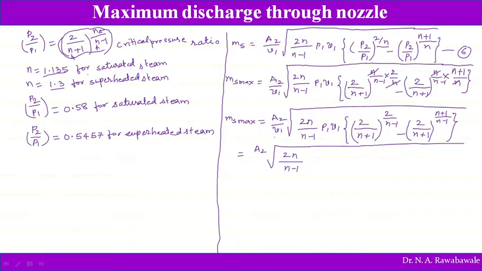If V1 is taken into the bracket, it becomes V1 square in the denominator, and V1 in the numerator gets cancelled, so in the denominator only V1 remains. So V1 divided by V1 square leaves V1. So P1 divided by V1 remains.